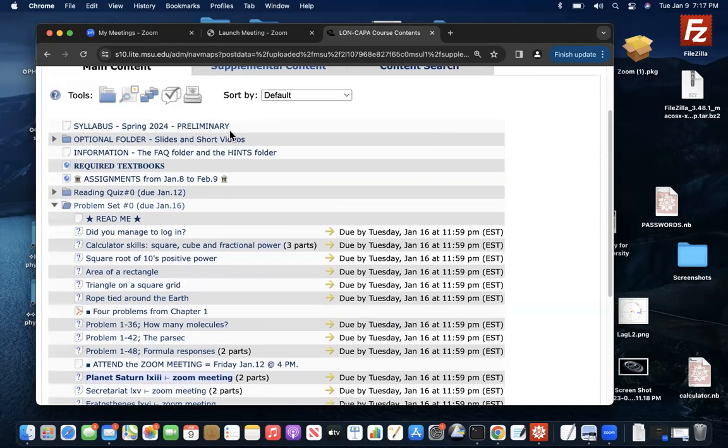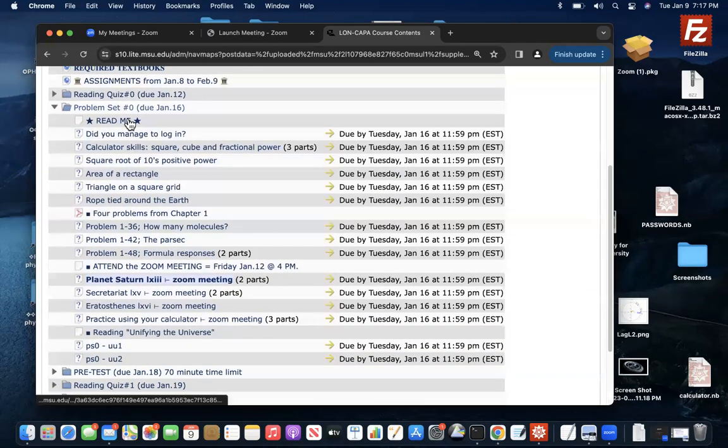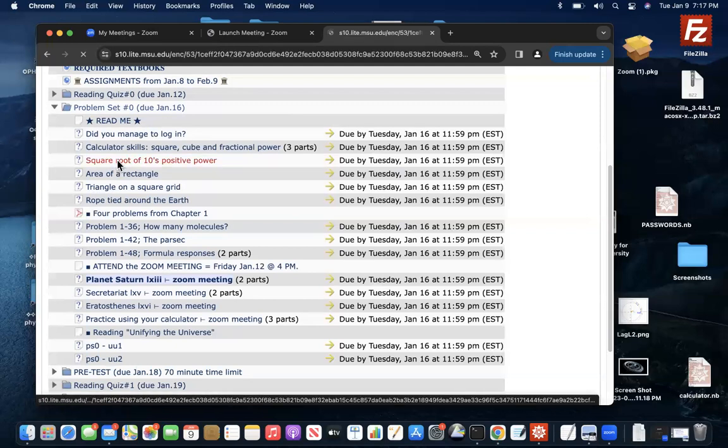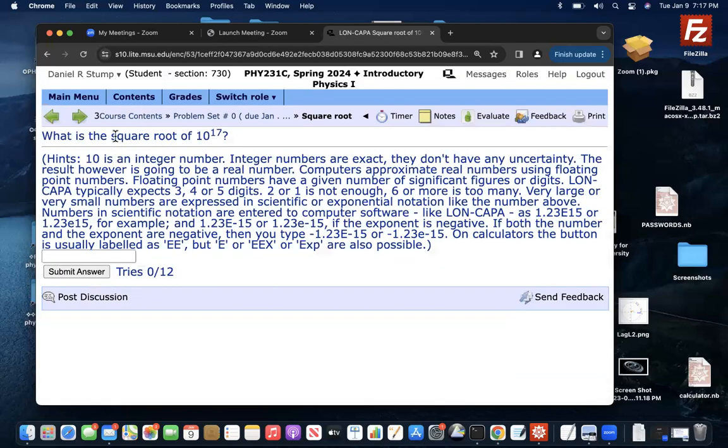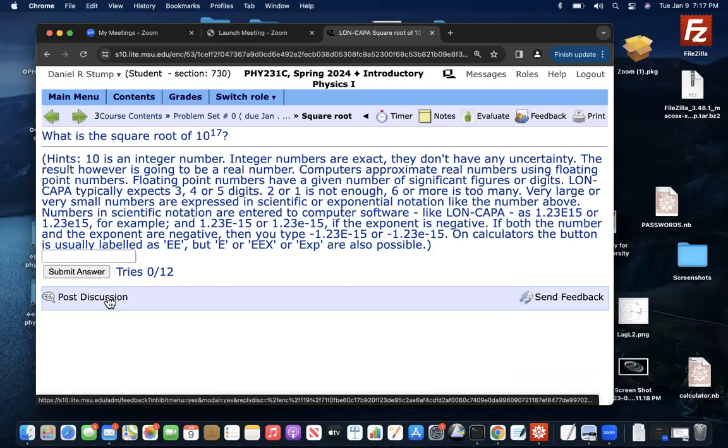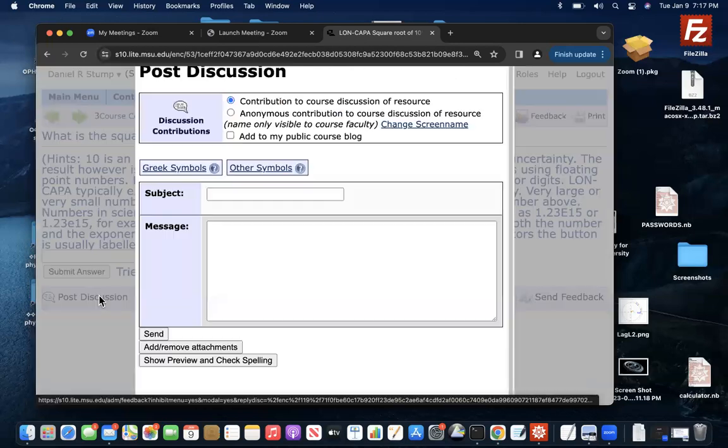All right, so let's see. Square root of 10's positive power. Here's a problem. What is the square root of 10 to the power 17? Well, try to get it. Here's a little bit of hints. If you want to ask a question about that problem, click on post discussion.